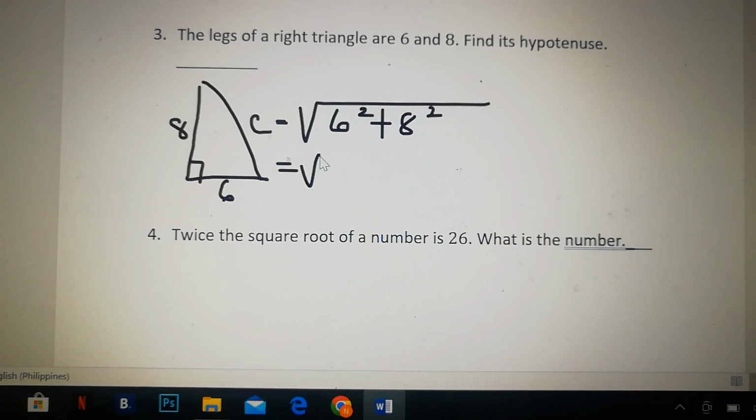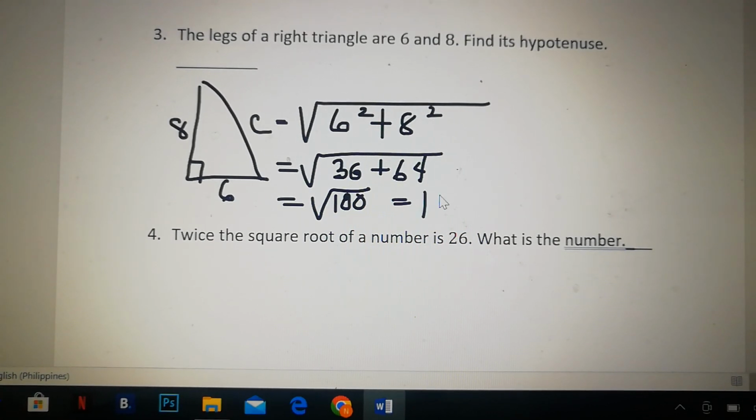Square root of 36 plus 64 equal to square root of 100. So equal to 10. Our answer is 10.